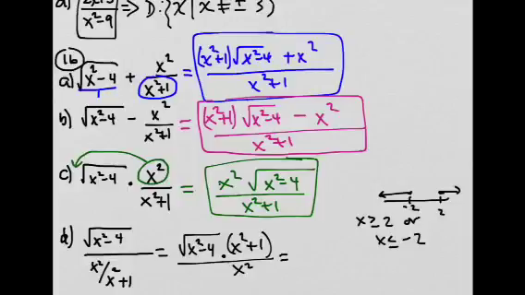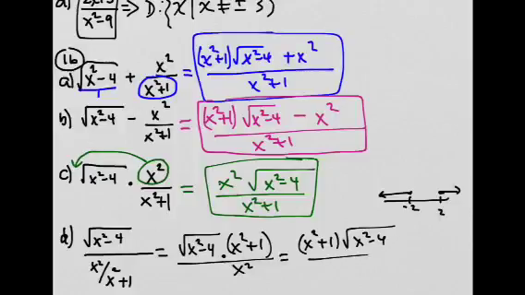Okay, so let me erase this for now. I'll just leave that number line up there. So we usually leave the radical at the end, so I'm just going to rewrite it like this. And again, remember, we cannot cancel these two x squares because there's a plus 1.